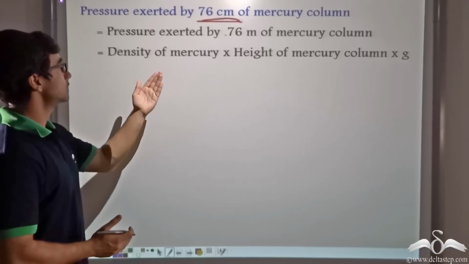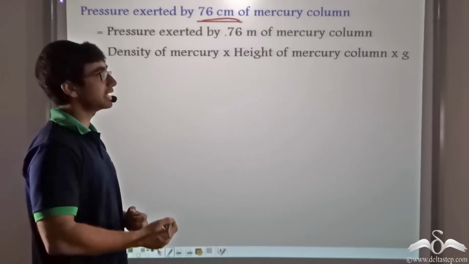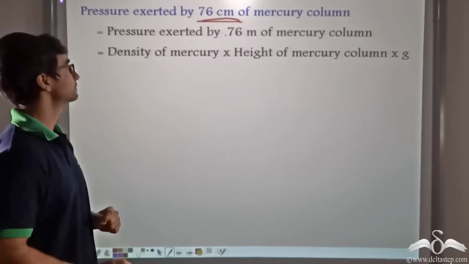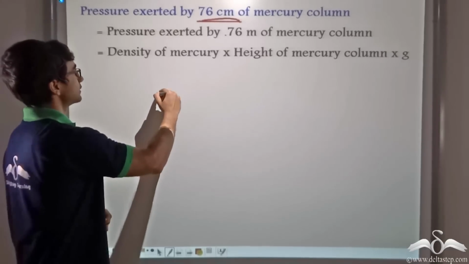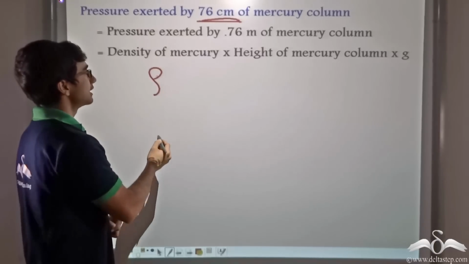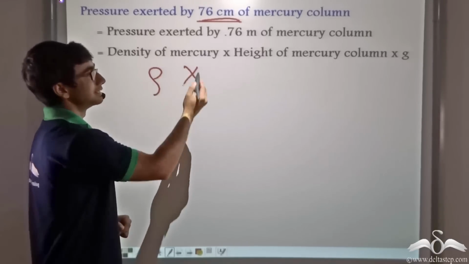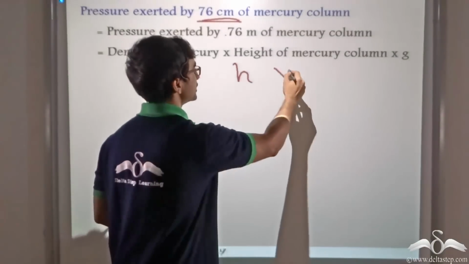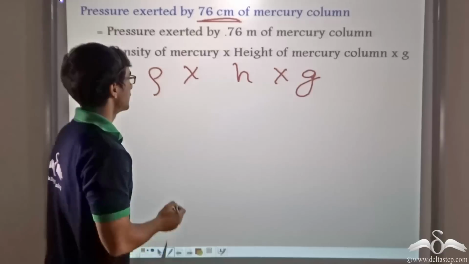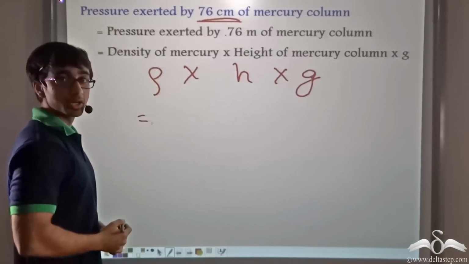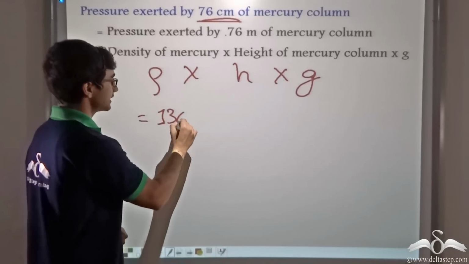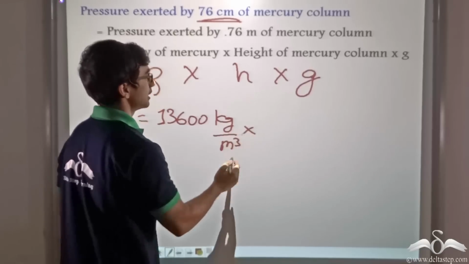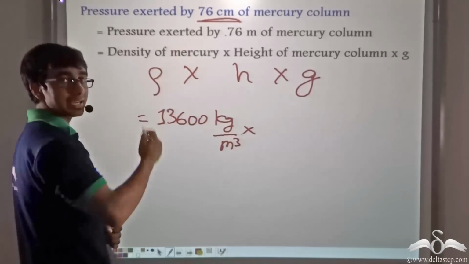So earlier we had found what is the pressure exerted by a liquid column of density rho and height from top h. So over here we write the density of mercury as rho, the height of mercury column from the top as h, and acceleration due to gravity as g. Now the density of mercury is 13,600 kg per meter cube. The height of mercury column is 76 centimeters.